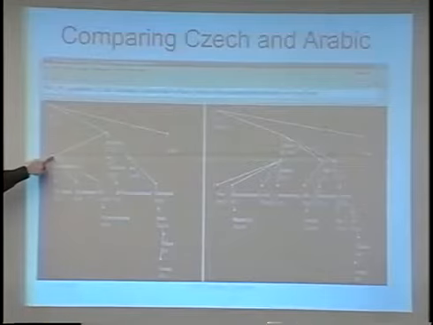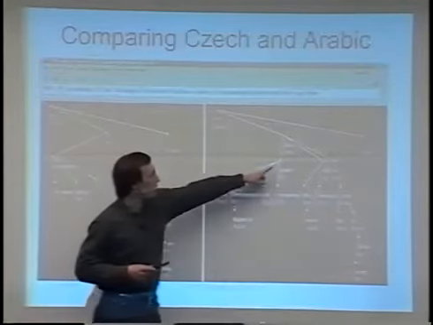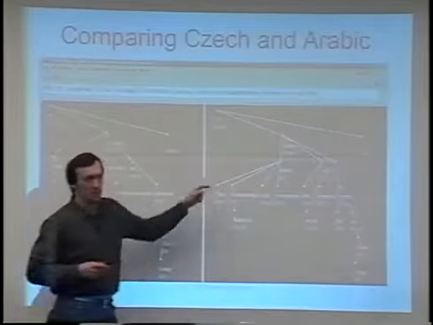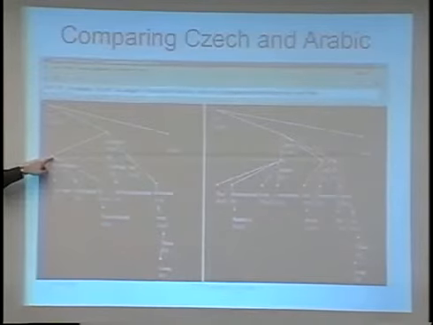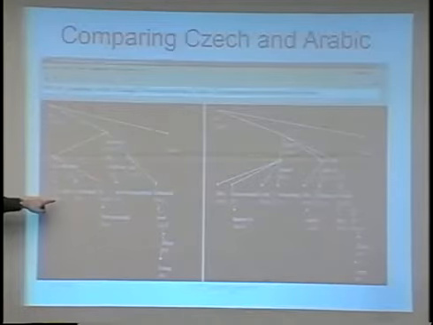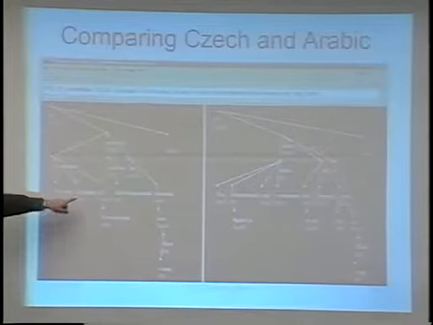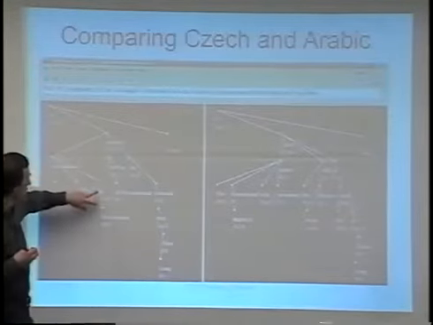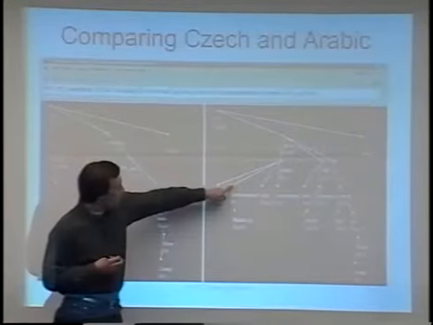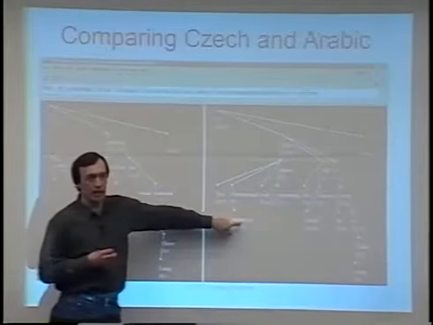So the subject in English is the last word of the subject constituent. In Arabic, it's the first word. Then, if you look here, the order here is also quite different. And in English, the apostrophe is down here.